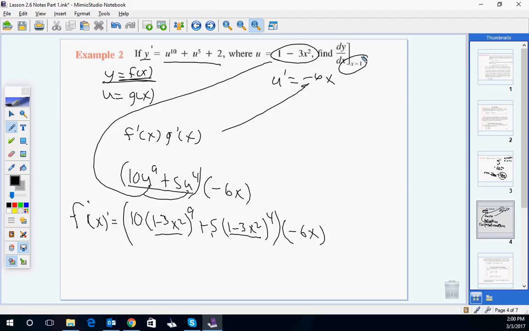Okay, so again, I took the derivative of this right here, put that here, took the derivative of this. The confusing part about this, guys, is that essentially, the original is this.